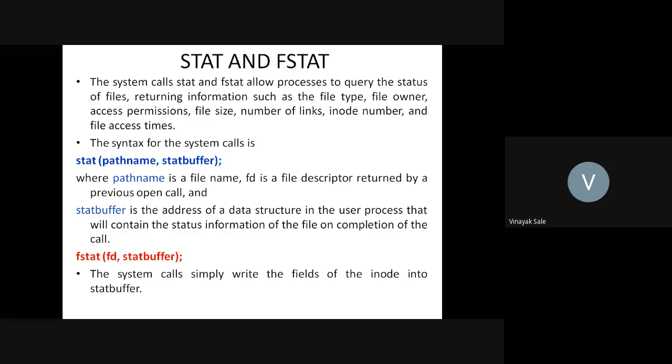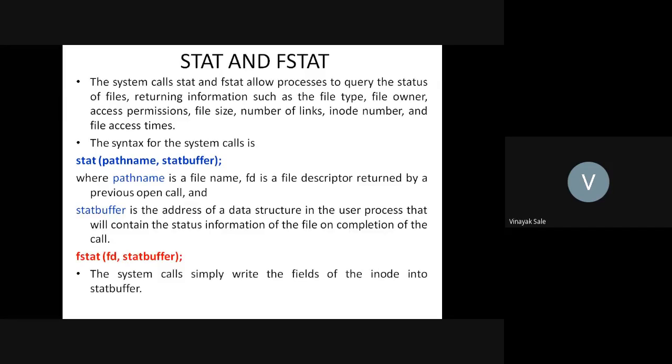The syntax of this system call is stat with parameters path name and stat buffer. The path name is the name of the file. For fstat, the file descriptor fd is the one returned by the previous open call.